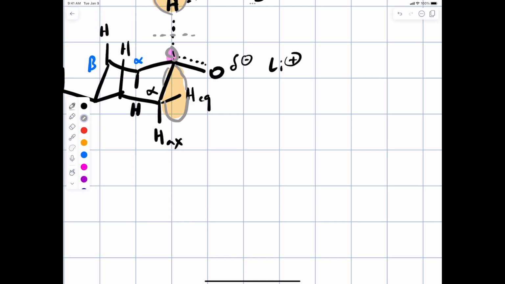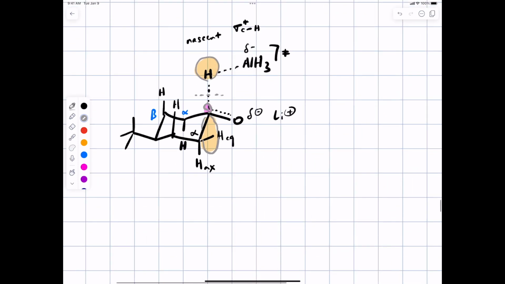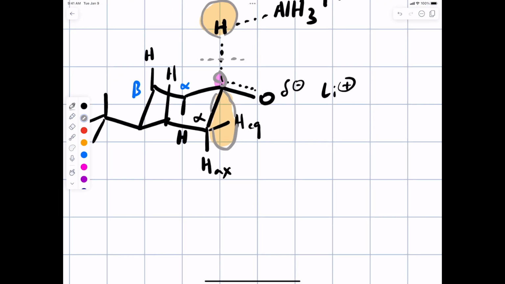Okay, on the adjacent, but somehow the iPad doesn't want to work now. That's weird. Okay, we're back. All right, so there's the nascent sigma star.